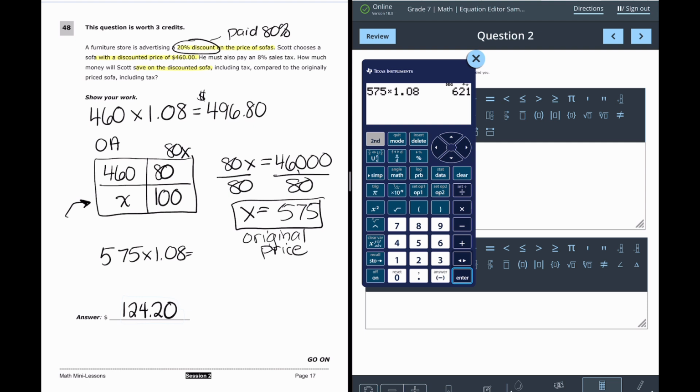And so with tax, it is $621. That was the original price with tax. This was the discounted price with tax.